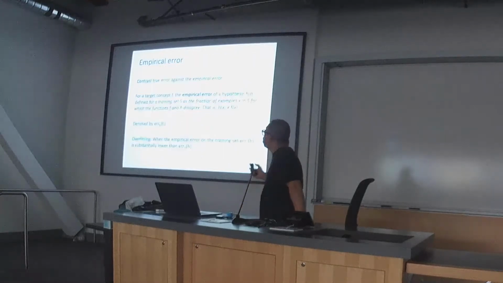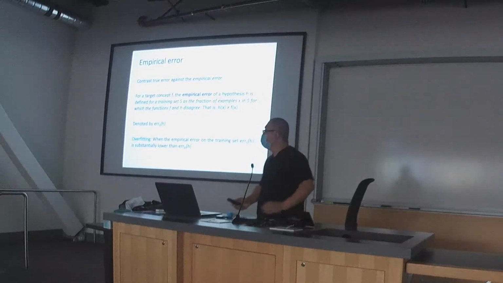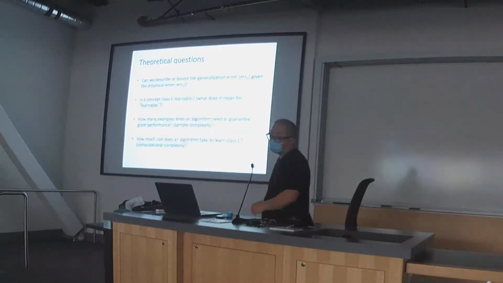But it is always easy to compute the empirical error, because you have collected the training set. After your training, you just test on the training set and you get the training error. So naturally, one wants to ask: given that the empirical error is so easy to get, can we use it to describe or bound the true error?